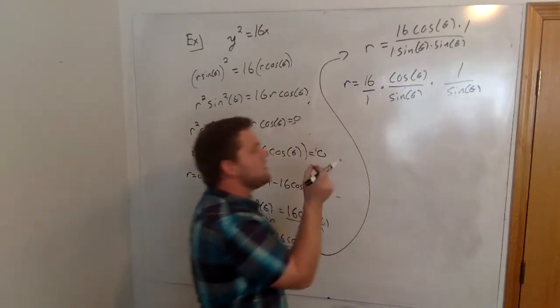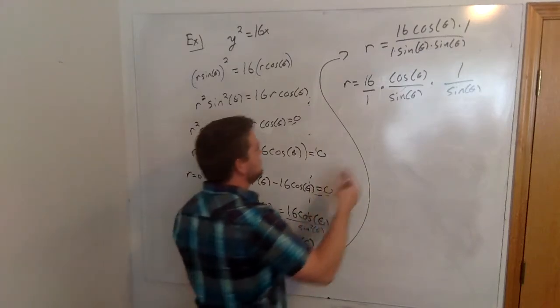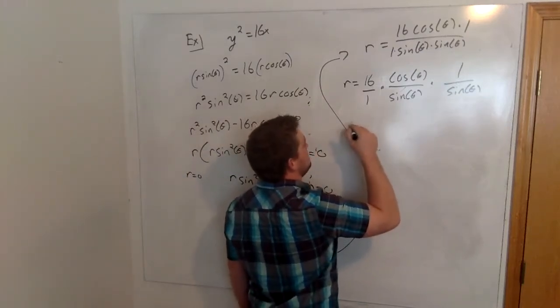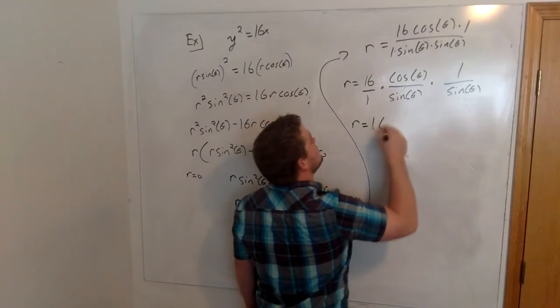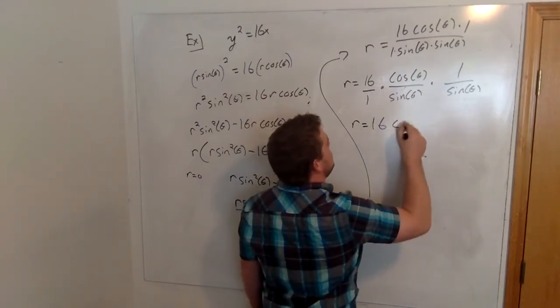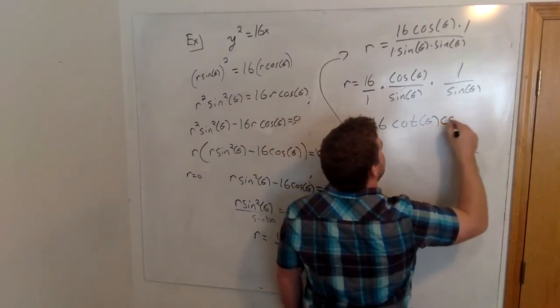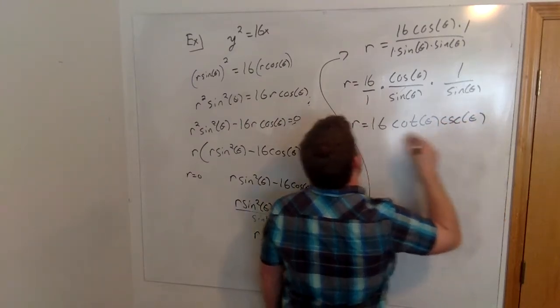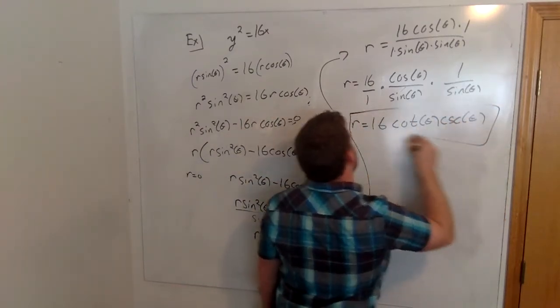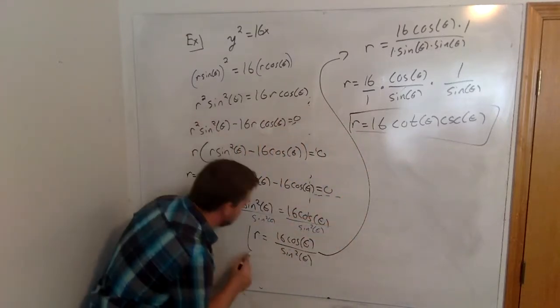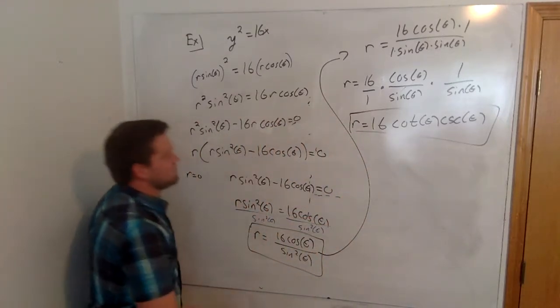So I'm just breaking up this fraction multiplication to write it in a different form. Cosine over sine is the same thing as cotangent of theta, and 1 over sine is the same thing as cosecant of theta. So this is just an equivalent way to write this sideways parabola.